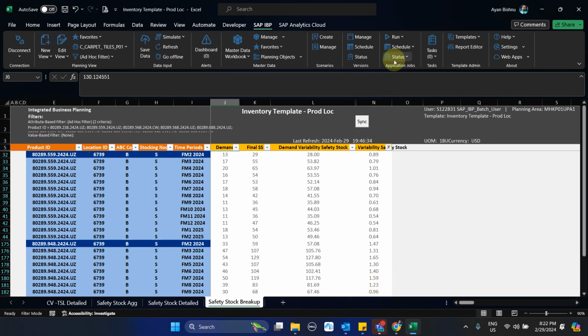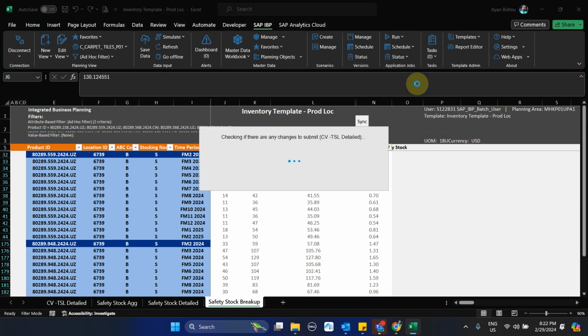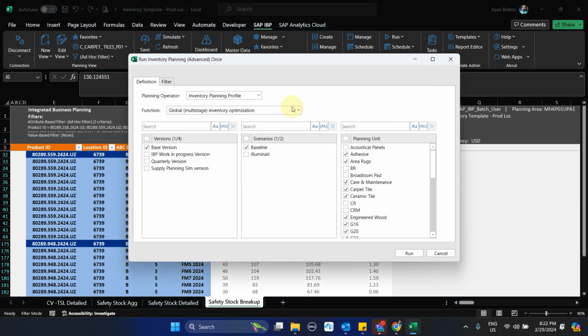If you go to run and go to inventory optimization or inventory planning advanced, you will come up with multiple functions. One is global stage multi-calculation, calculation of target components, the decompose which is going to go away soon, single stage optimization, and multi-stage optimization with target inventory components, and multi-stage network and service level protection.